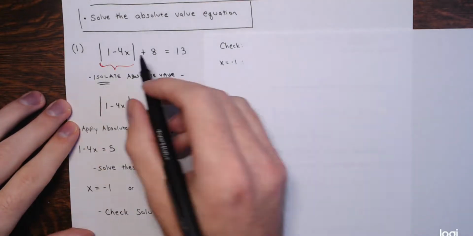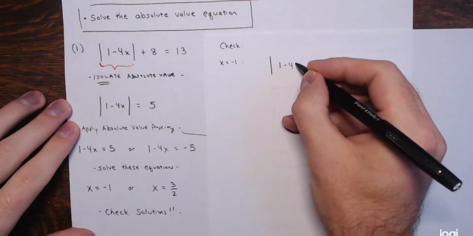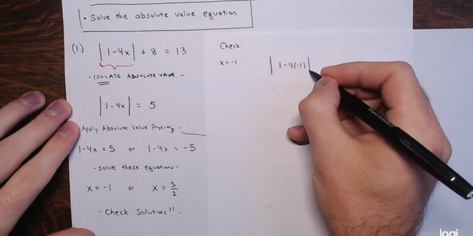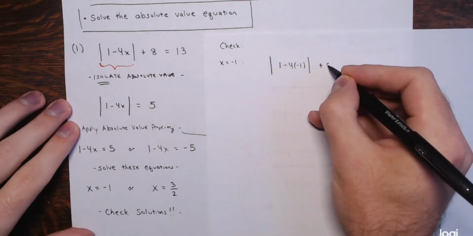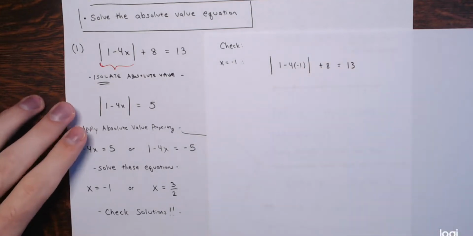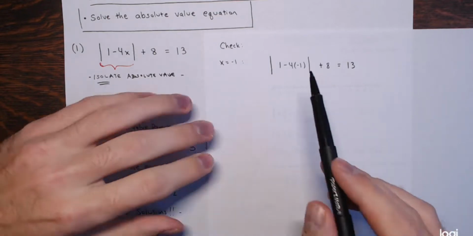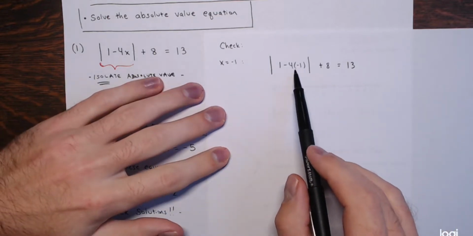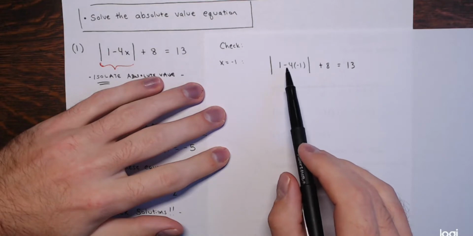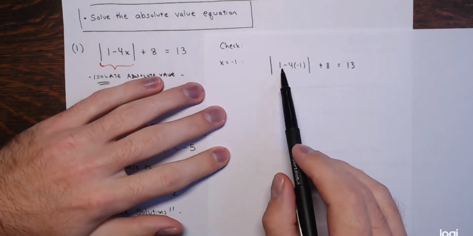Right, so here we have the absolute value of 1 minus 4 times negative 1, and then after that plus 8 equals 13. Now absolute value is like parentheses. They're not exactly parentheses, but they're like grouping symbols. You simplify what's inside first. Negative 4 times negative 1 is positive 4, then 1 plus 4 is 5.